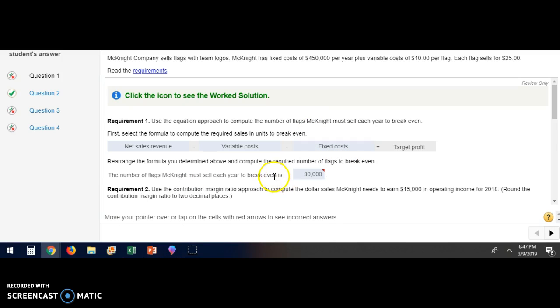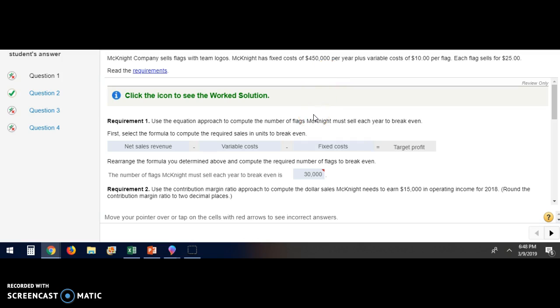So how many would you need to sell this year to break even? There's several ways you could actually do this. I didn't necessarily do it the way that maybe the book would say to do it, but there's more than one way to work this. But you know you need to cover all of your fixed costs.